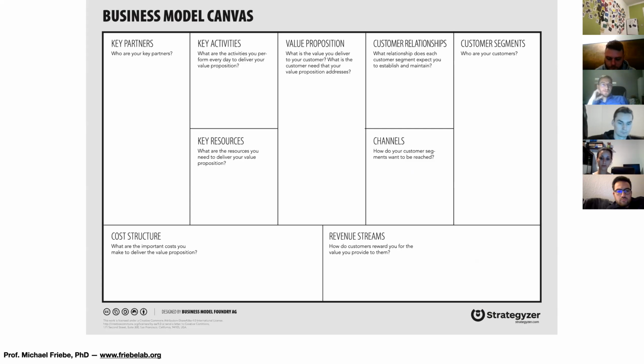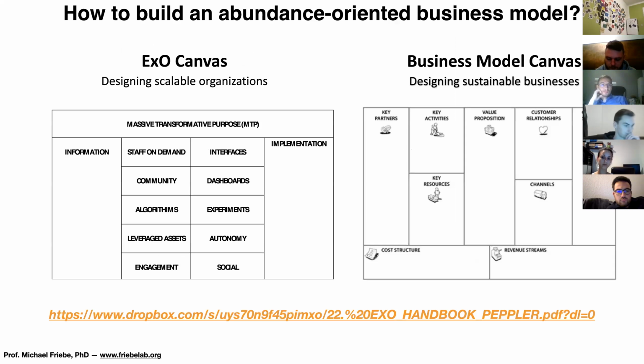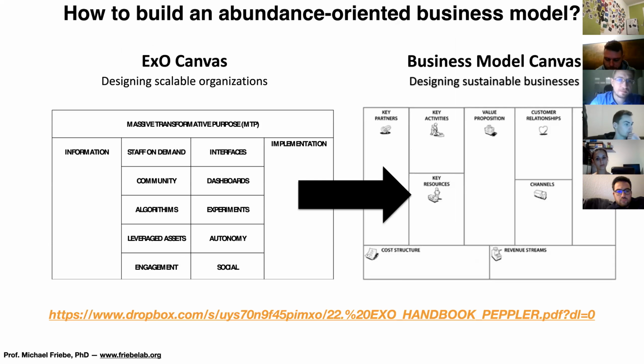And all the other things will fall in place. There's normally a huge synergy between the Exo Canvas and the business model canvas, which I will also show you in a second, where you can look at how to make certain things redundant in the business model canvas. Now Mr. Palau from Purpose Launchpad says you should do this Exo Canvas first.